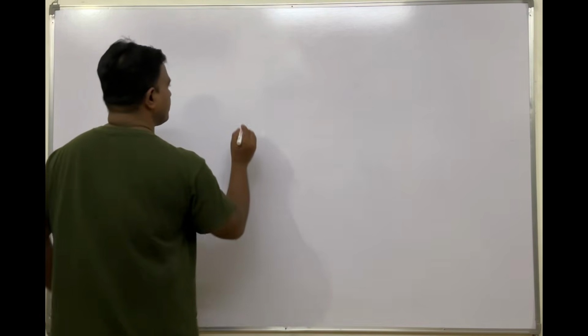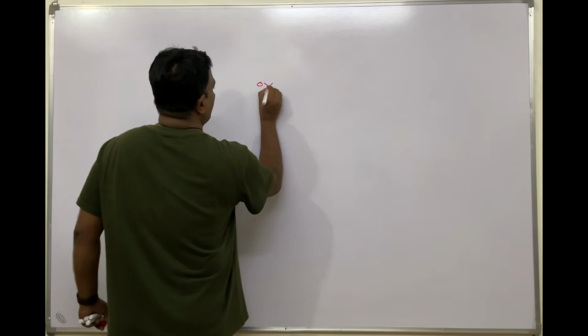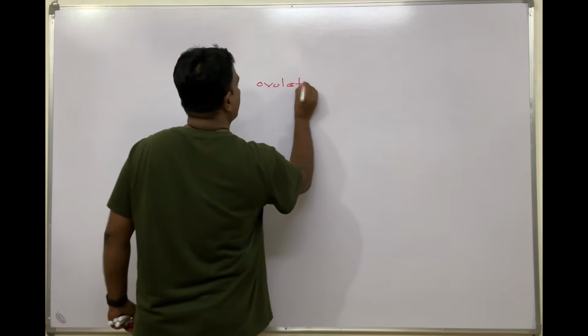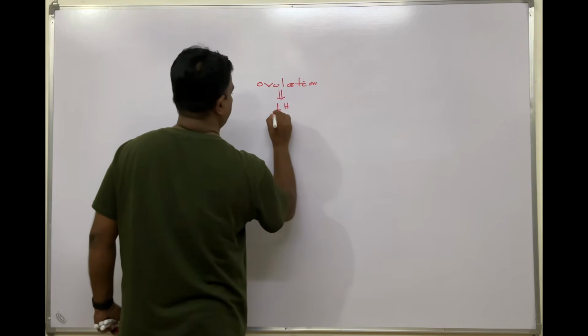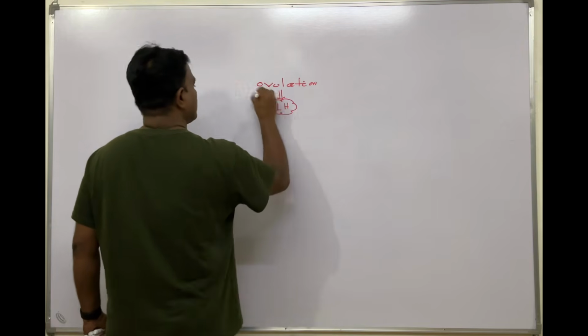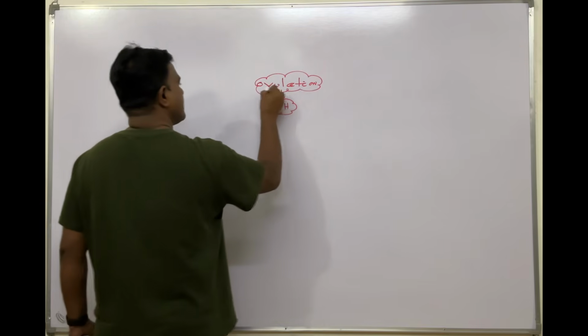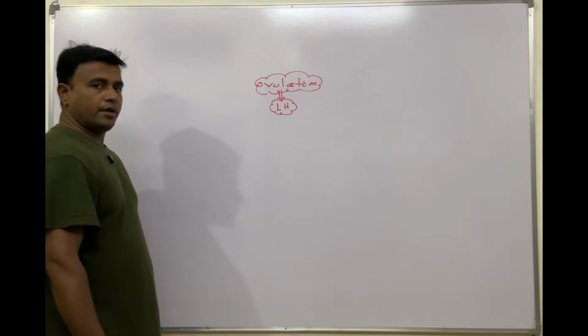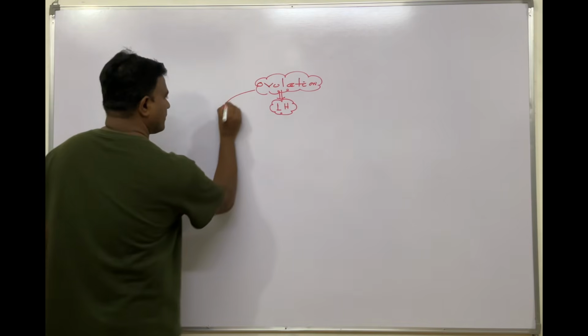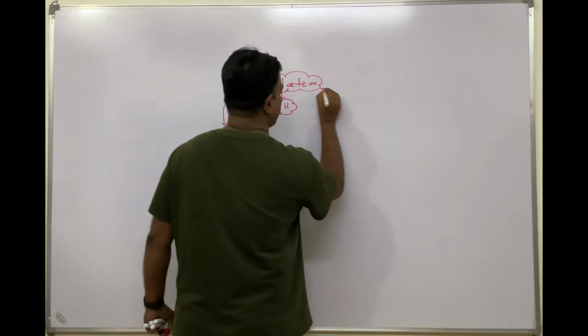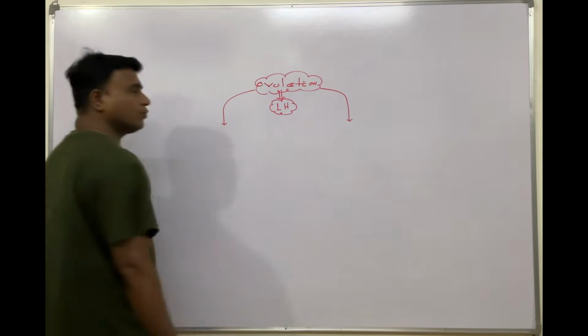What we understood? Ovulation occurs due to the master hormone known as LH. That means the secretion of LH is important and that will define the ovulation process. Depending on the LH release, these ovulatory mechanisms are classified into two types.